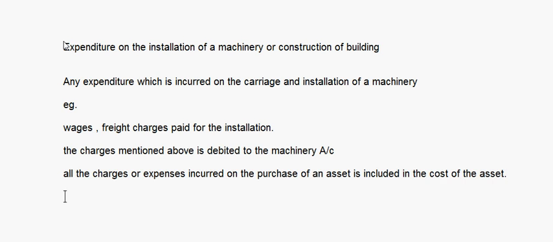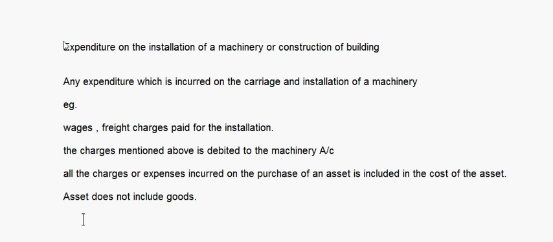When we say asset, asset does not include goods. Remember this, asset does not include goods. Whenever you purchase any goods, goods is basically the item which the company is dealing with, whereas asset is something which the company is procuring for its own use, like plant and machinery, land and building. That own use means it can be used in the business also, but they are not going to resell that.